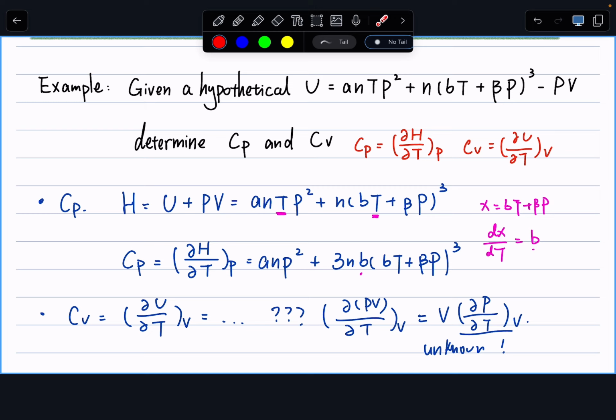Looks complicated with lots of symbols, but it's effectively just a calculus problem. The first part is, well, T disappears, and for the second part, we use a very simple calculus tool by setting x equals BT plus beta P and solve for dx over dt, and then use that to write out an expression. Right, so the CP part is pretty straightforward.